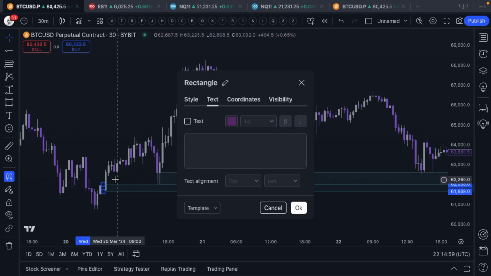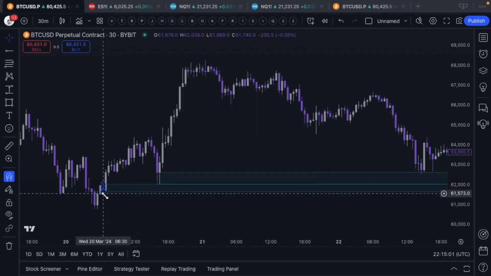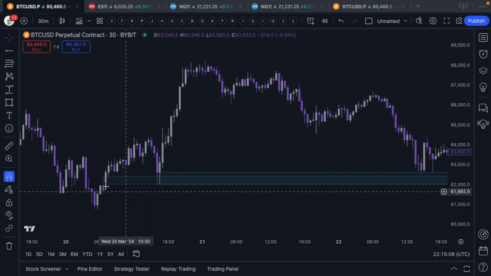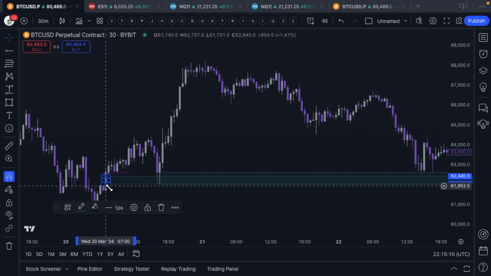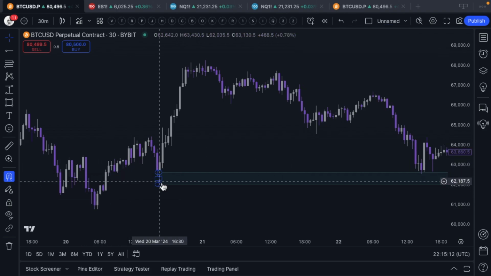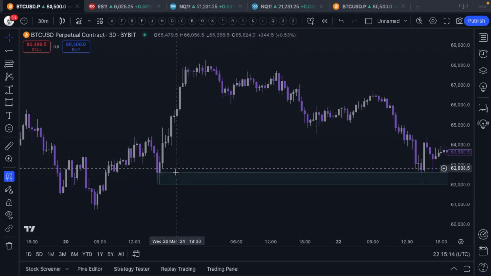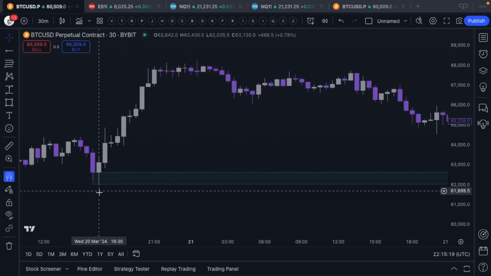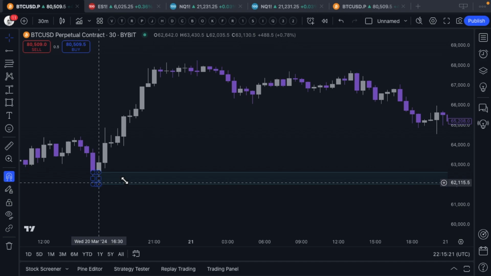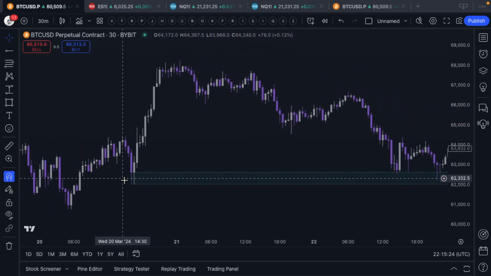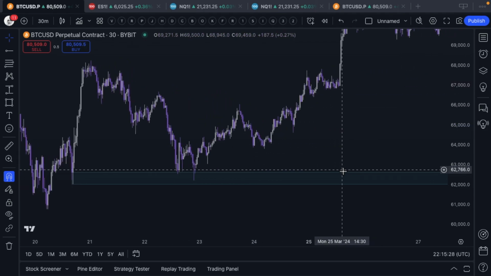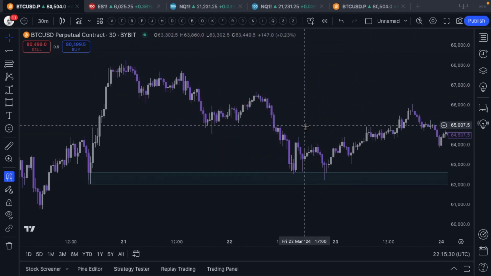All right, so we see that as a pivot, and we also have right here a fair value gap. All right, so as price comes into the fair value gap, it responds to it and moves away. So we look at just the wicks of these candles, and this is our rejection block.